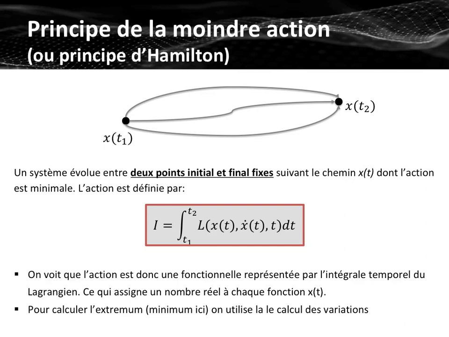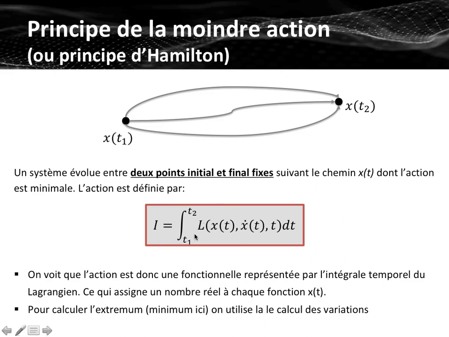What does it mean that the action must be minimal? It means that if there's any variation of x, the variation induced on the action must be 0. This means that this is the minimal value that we can get for the action. The action is defined by the following integration over time of the Lagrangian.